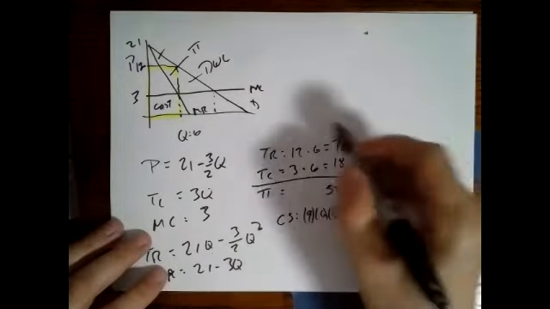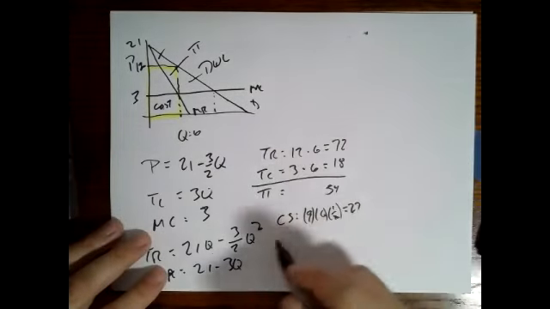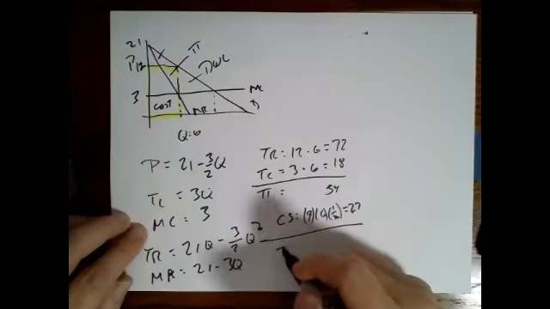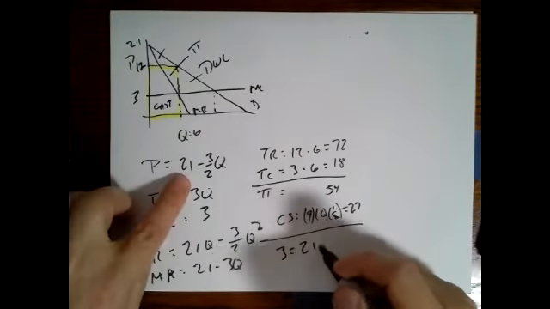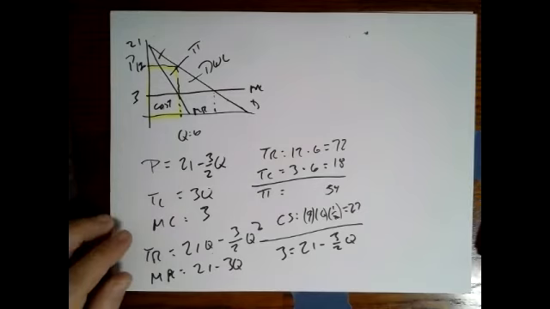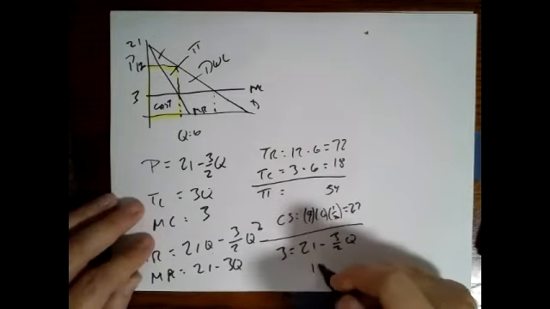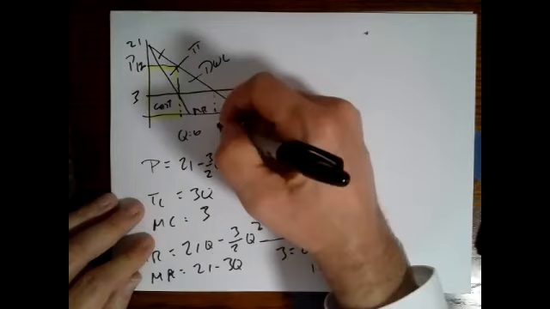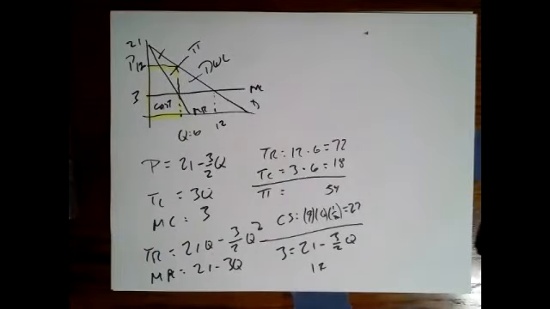So we would solve that by setting marginal cost of 3 equal to price 21 minus 3 over 2 Q, right? Which gives us 12. So 12 would be the competitive outcome.